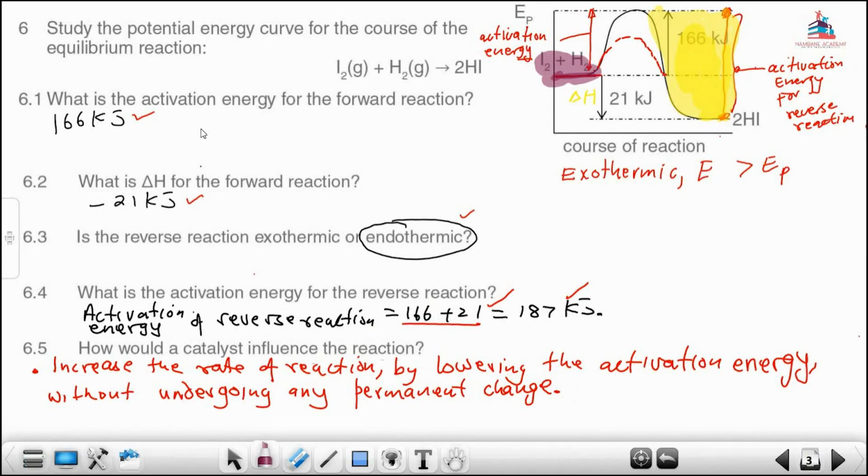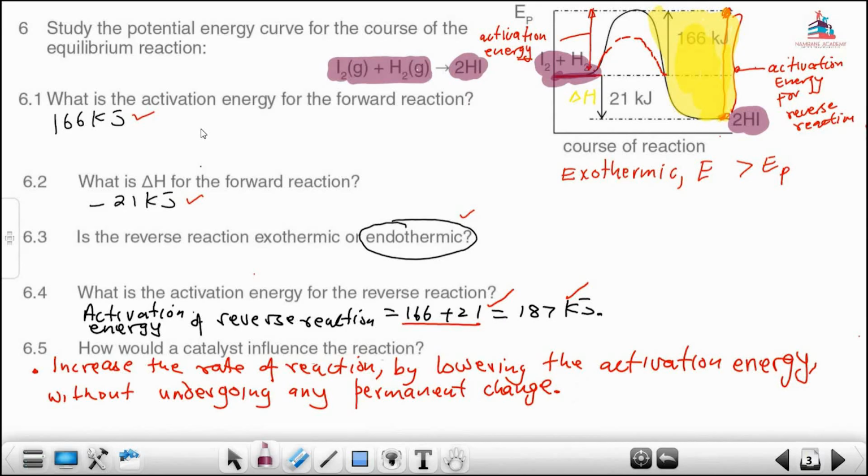Why can I be certain, or how will I be certain? Check here. The reaction is between I2 plus H2. Can you see that? Yes, sir. So those are my reactants. And then somewhere here, I have 2HI, which is now on the right. That basically says that is now my product.